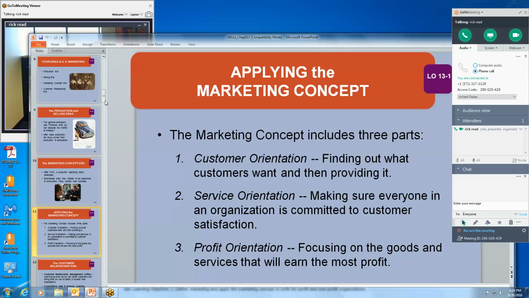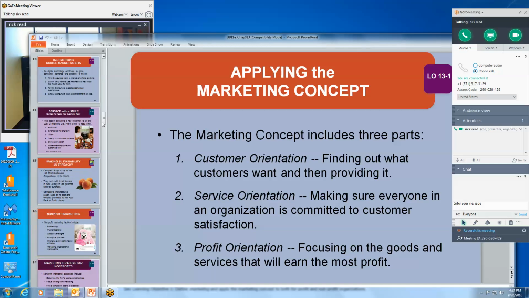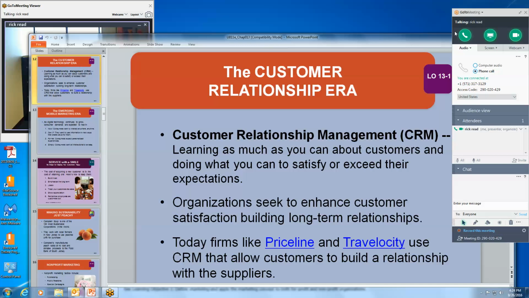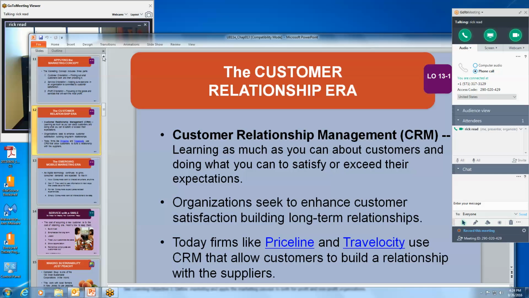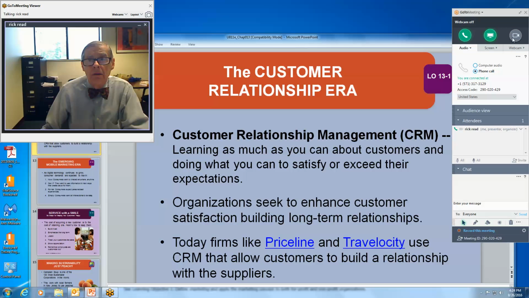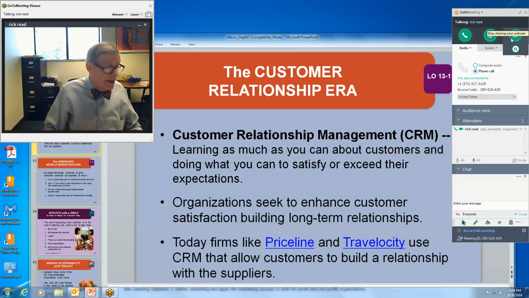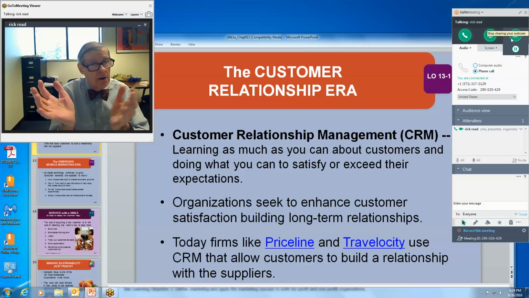So we have moved away from the marketing concept era into what we know today as the customer relationship era, and then we have a thing called customer relationship management. Now, this simply says that we need to find out as much as we can about what our customers want and need.